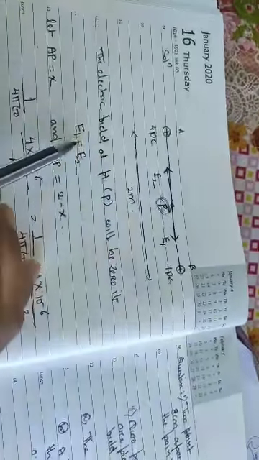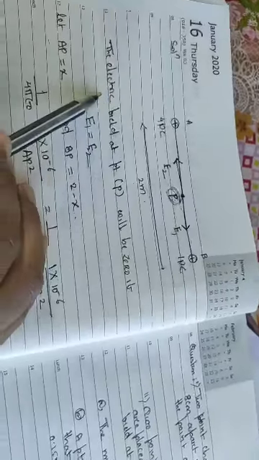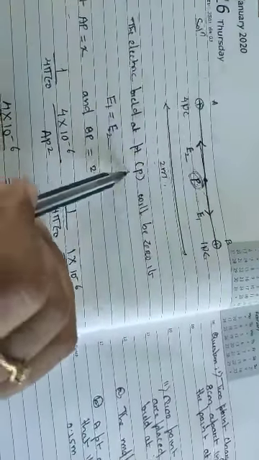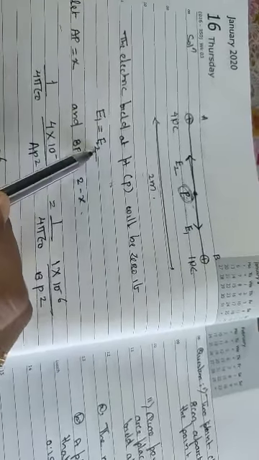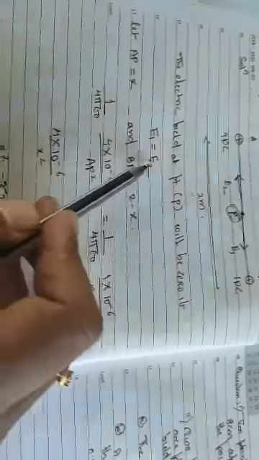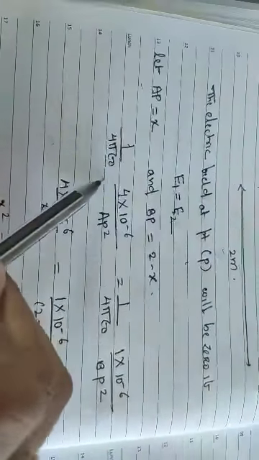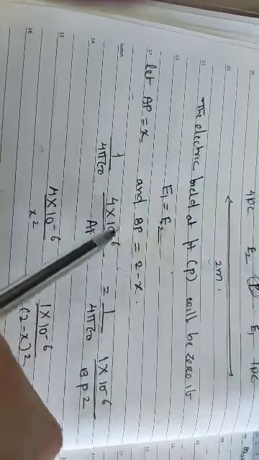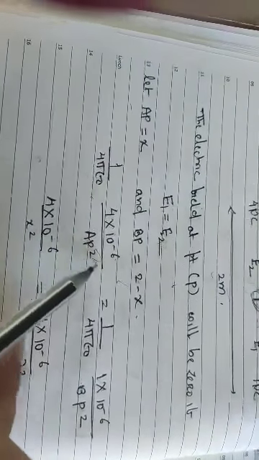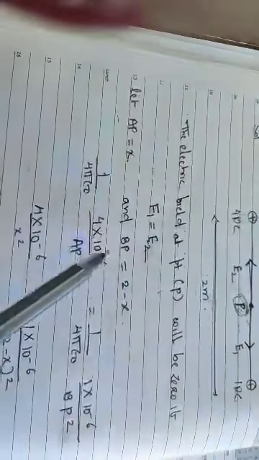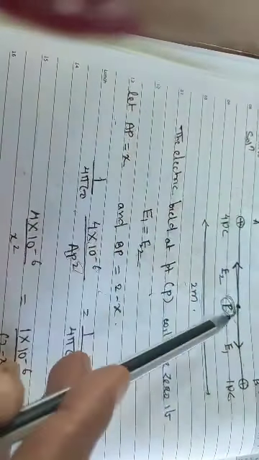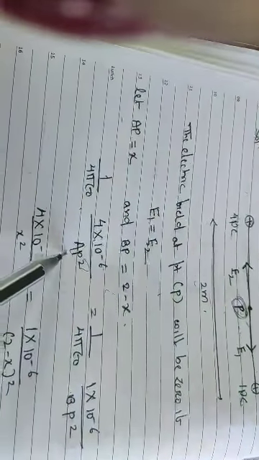Now I will find out what is written in the question: the net electric field should be 0, and this will be possible only if E1 is equal to E2. So E1 is 1 by 4 pi epsilon naught Q1 Q naught. Q naught will be cancelled, so one charge will remain, that is 4 microcoulomb over the distance AP squared, which I have written here.